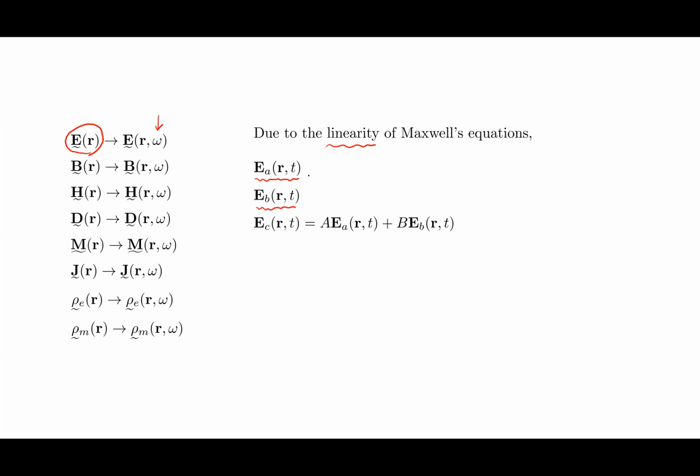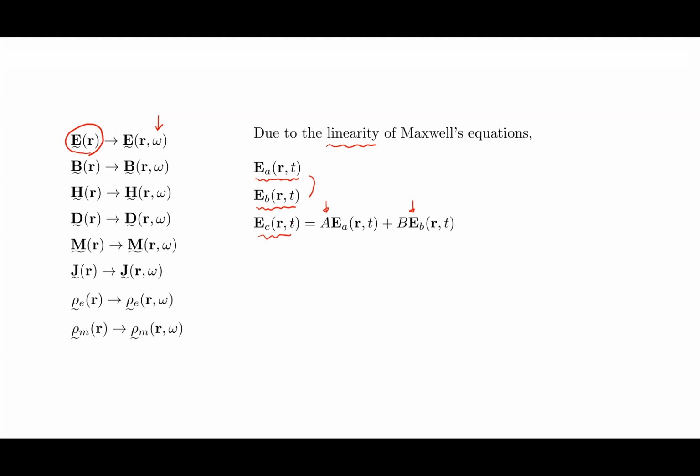and any linear combination, just scaling E A, one solution, plus scaling E B, their summation is also a solution of Maxwell's equations. So this is the linearity of Maxwell's equations.